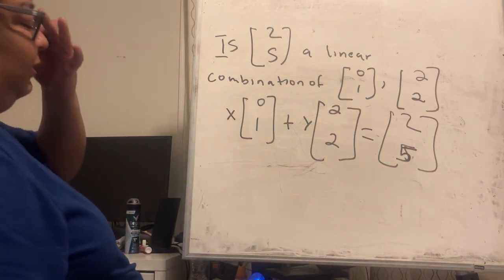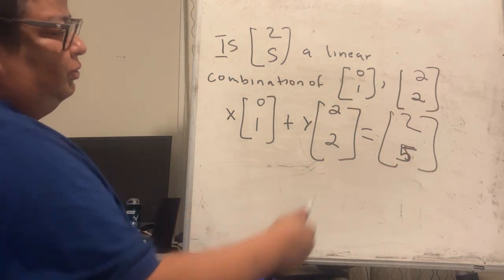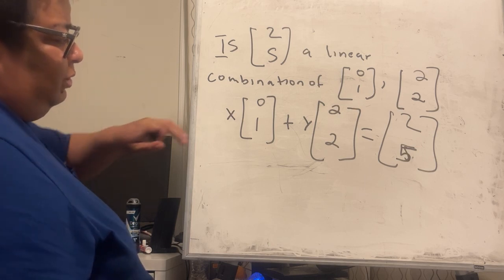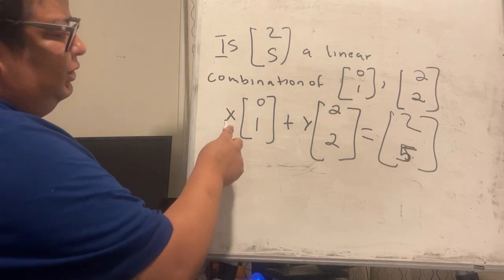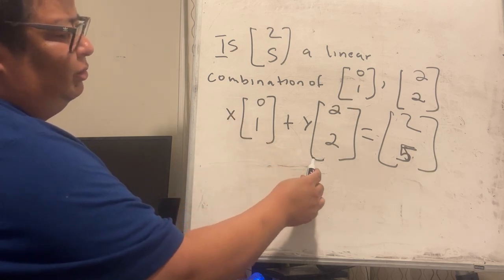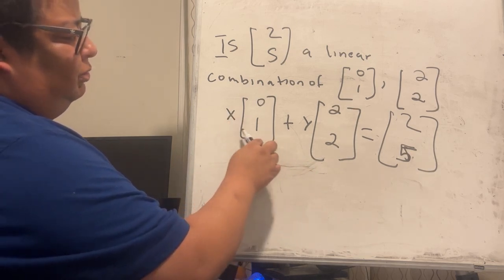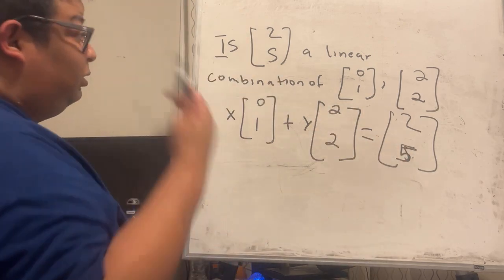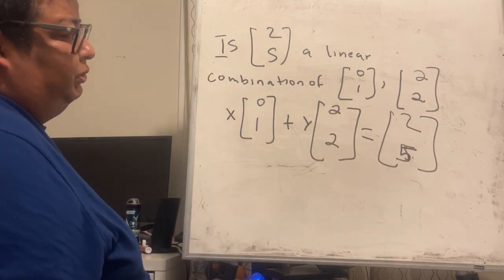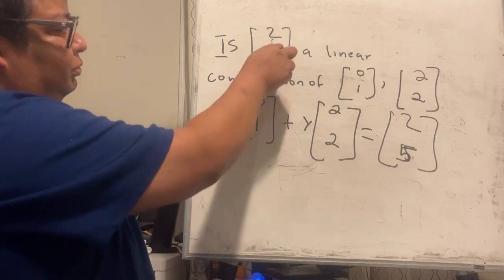Okay, so now we have written a linear combination, and the answer to this question is that if we find x and y such that when we compute the left side it gives us the right side, then we do have a linear combination of vector (2, 5).